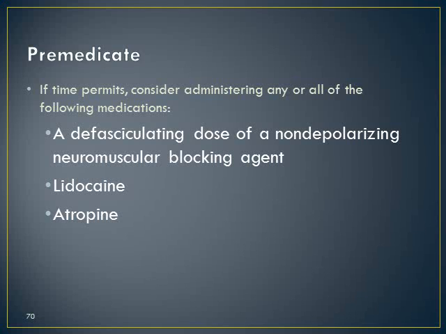So you give a low dose of your non-depolarizing neuromuscular blocking agent. Tight heads, tight lungs, consider giving lidocaine. Dry secretions, or in pediatric patients, we may consider giving them atropine, again, to keep their heart rate up.